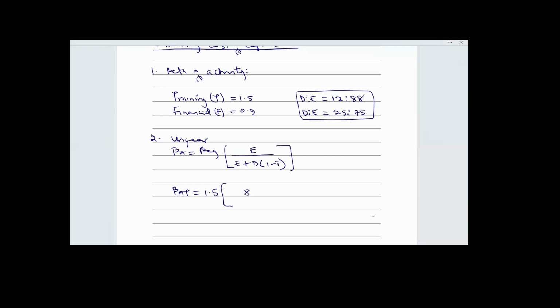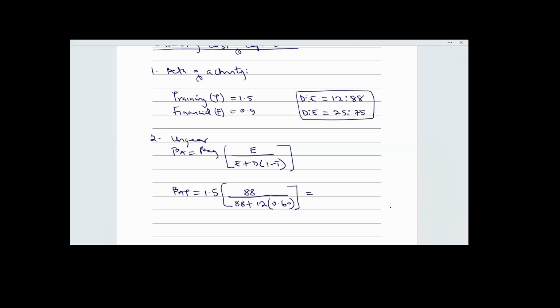Therefore, I would say 88 divided by 88 plus debt of 12. What's the tax rate? We are given corporation tax of 40%, so multiplied by 0.6.